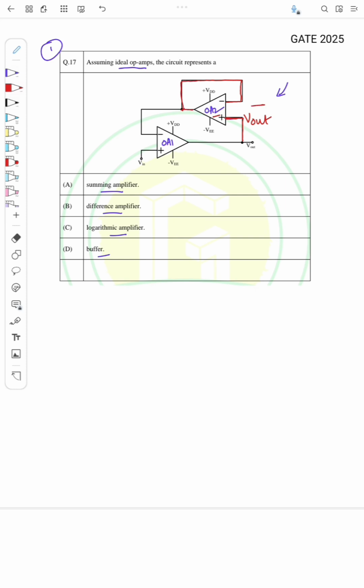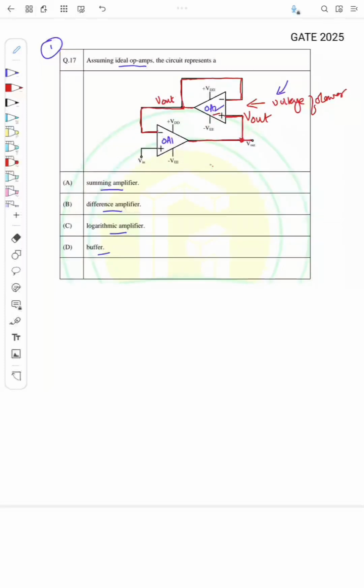So this actually represents a voltage follower. Which means the output of this OA2 is actually V out. And this means whatever is the output of OA1 is again fed back to its inverting terminal, right?